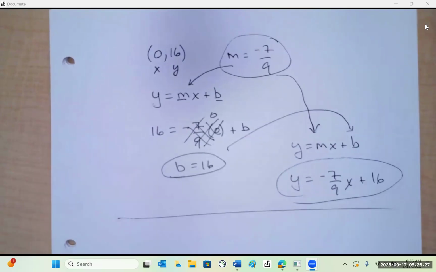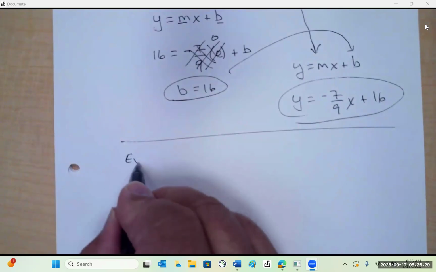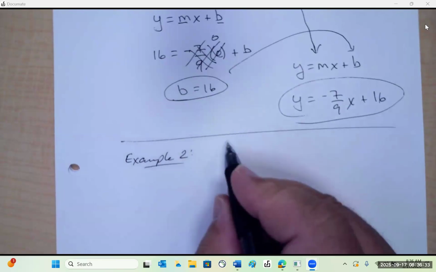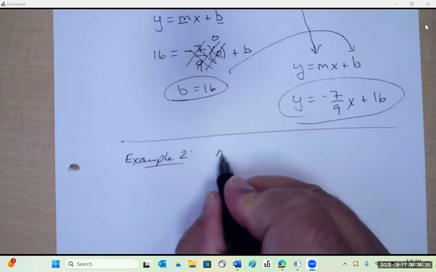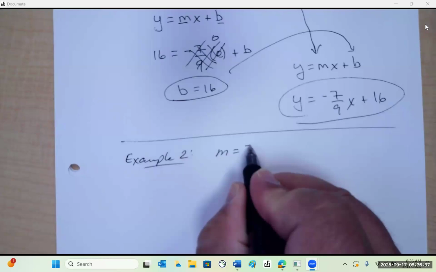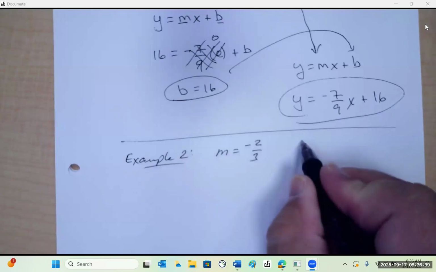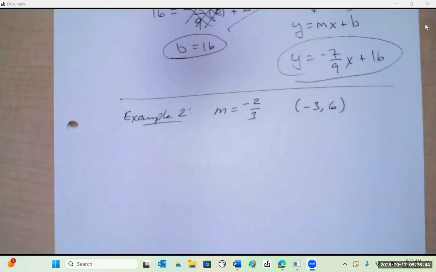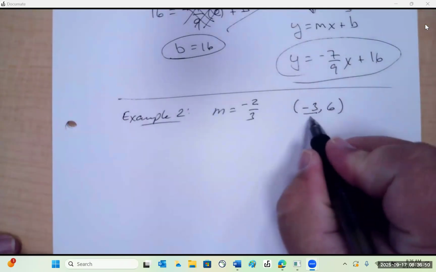Let's do another one. Your slope is negative 2/3, and it goes through the point negative 3, 6. Well, let's change it.